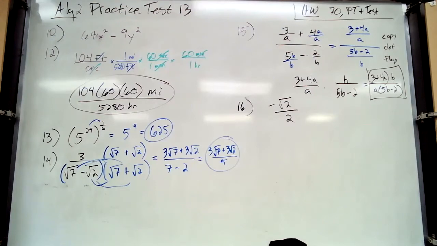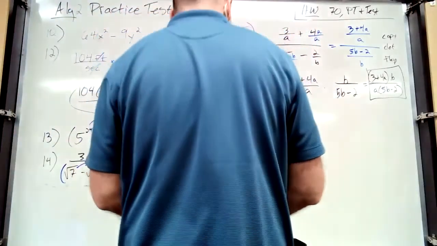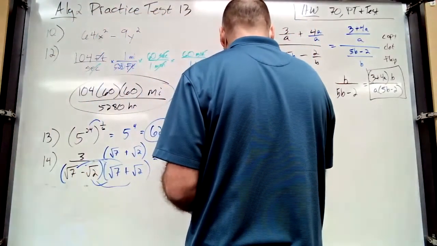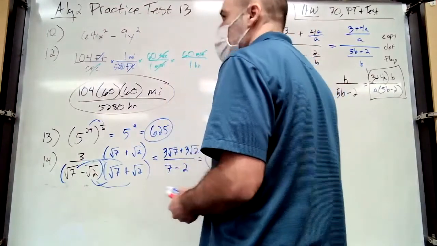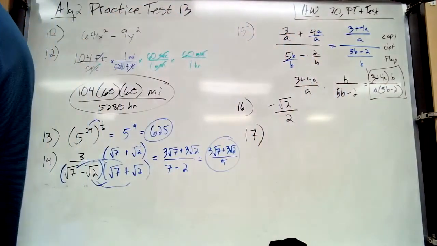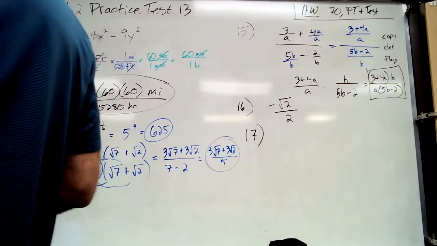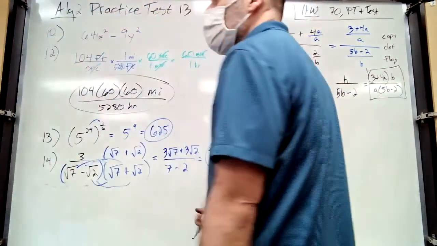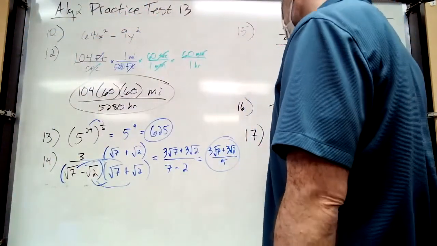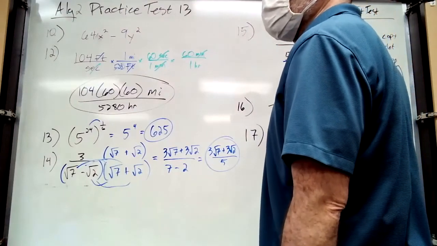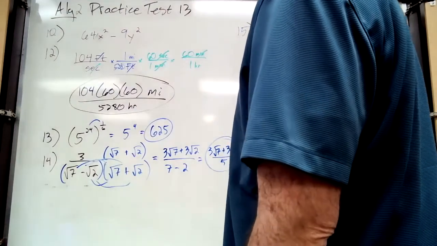Okay, 17. Solve using something. You can use elimination, substitution, a combination of the two, whatever you want to do. Let's see. I'm going to get one of those y's by itself and then plug it into the other two equations. I'm going to get that bottom y by itself.